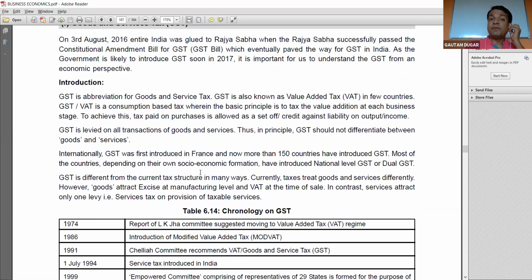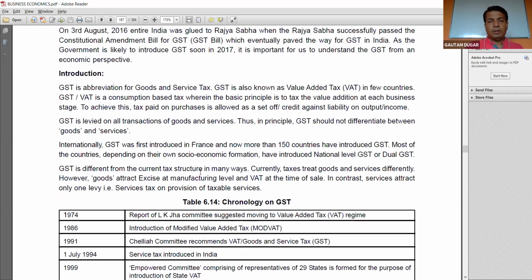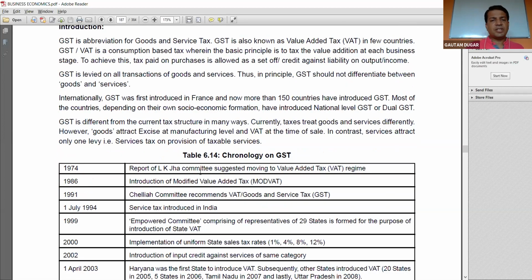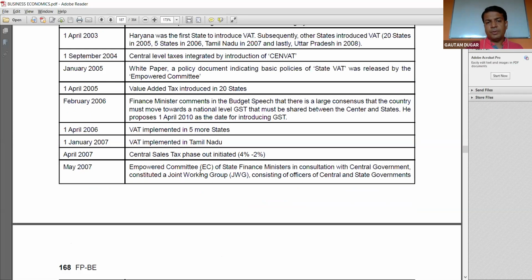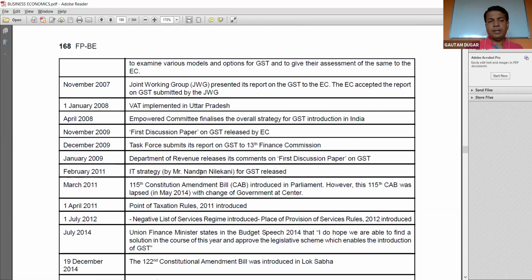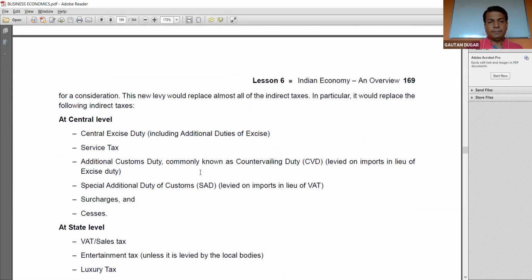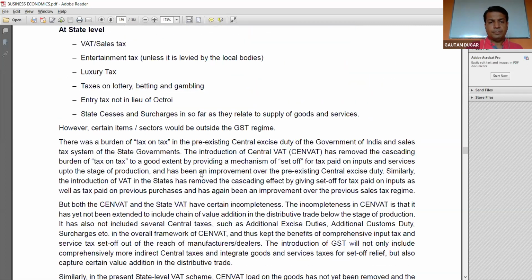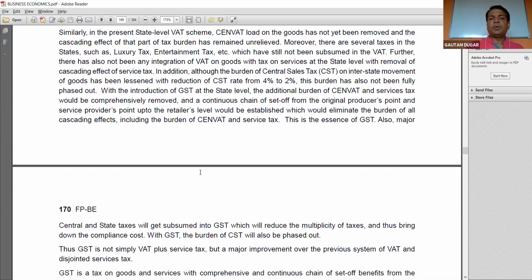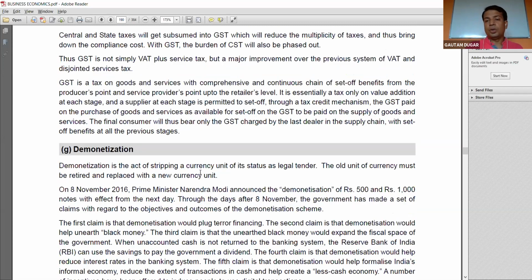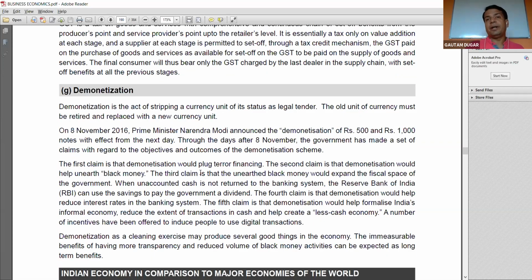And more than 150 countries in the world have GST. This chronology on GST you do not need to remember at all. This long chart is not required. Demonetization. You all know, you have been through that trauma and the pain.